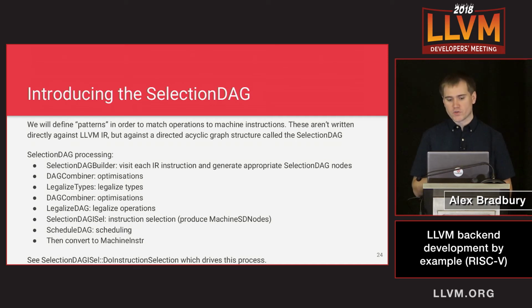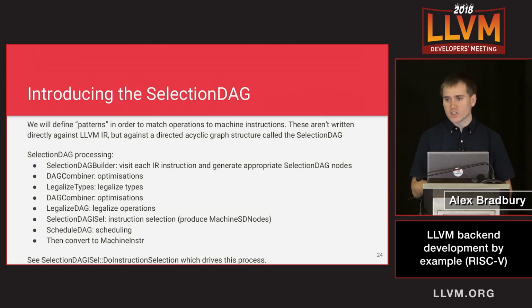This then goes through the DAG combiner, which is a series of optimizations which try to capture redundant operations, and it builds up a whole bunch of logic about tracking known bits and all sorts to eventually produce more efficient code.